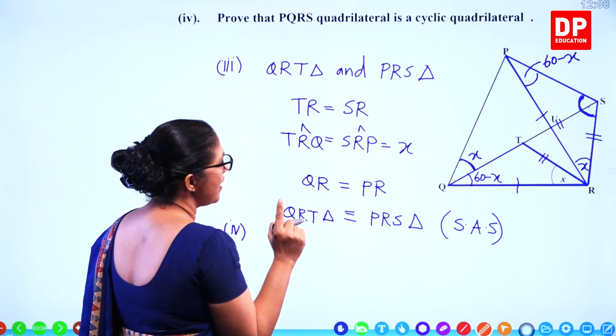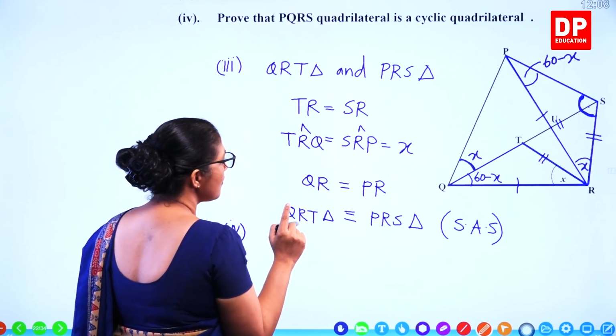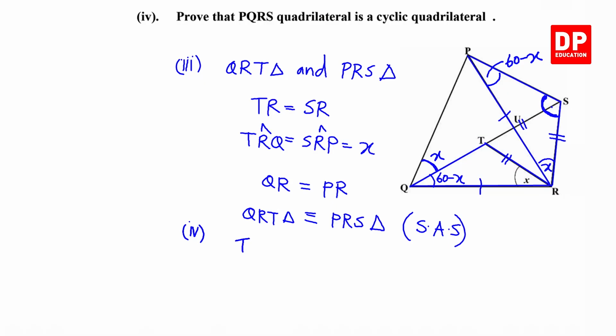So we can write down TQR angle is 60 minus X, corresponding elements.